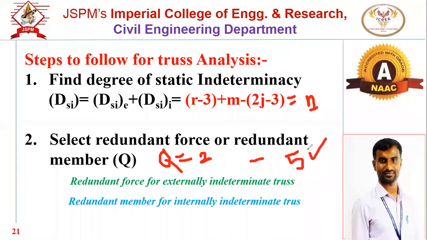Reactions, total unknown reactions are 5 in the truss, and your DSI came 2. So out of those 5 reactions, 1, 2, 3, 4, 5, our DSI is 2. Out of those 5 reactions, we have to select any 2 as redundant forces.